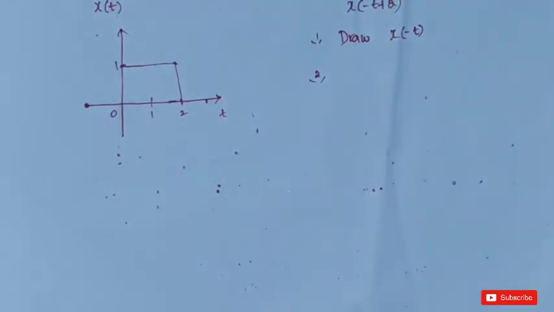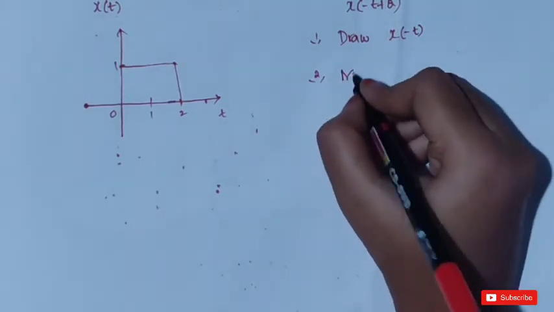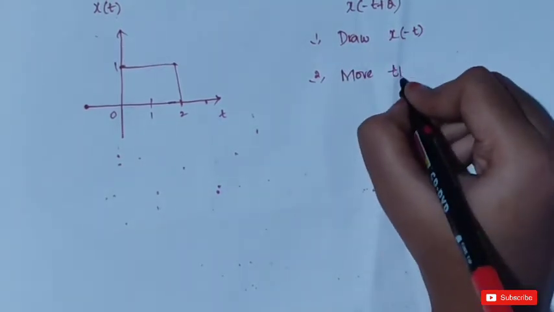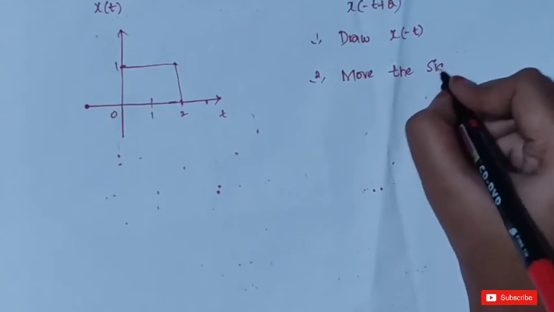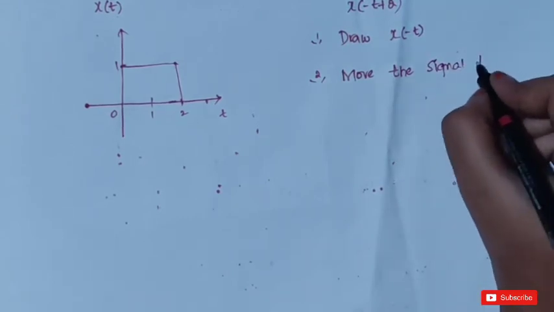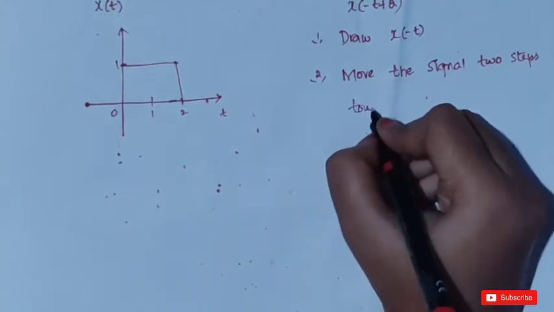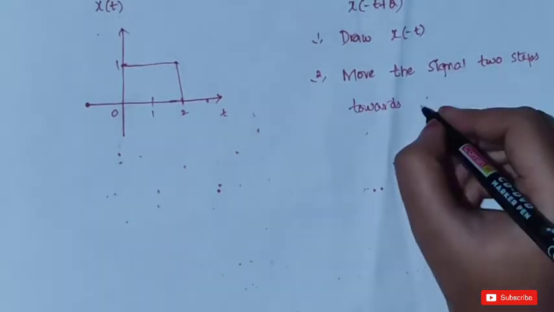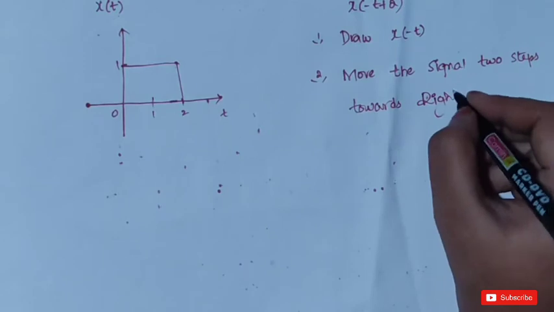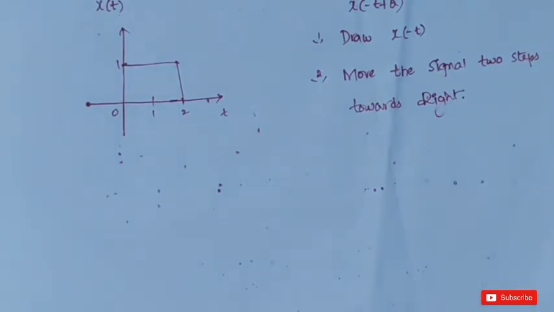After drawing x of minus t, we need to move the signal 2 steps towards right.